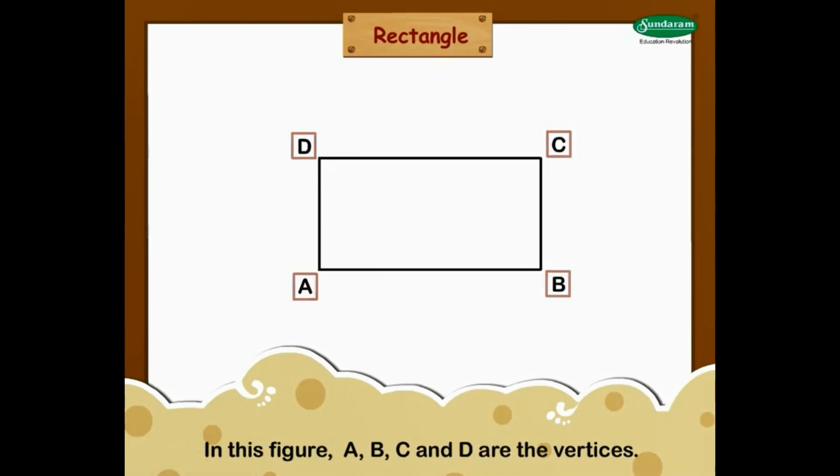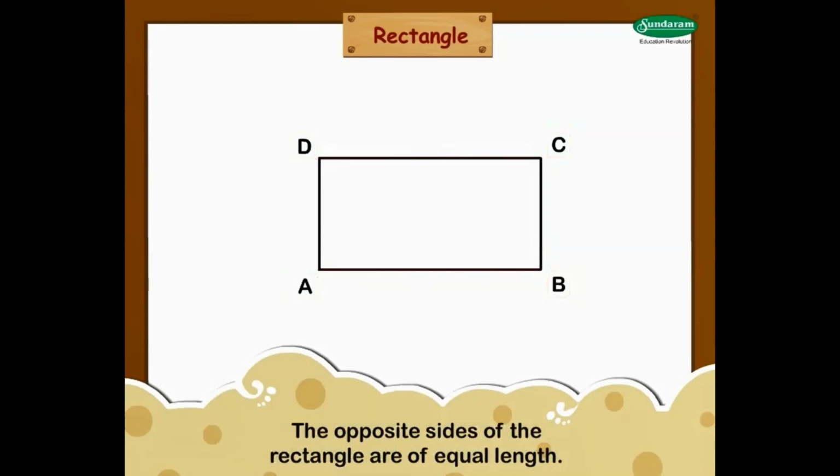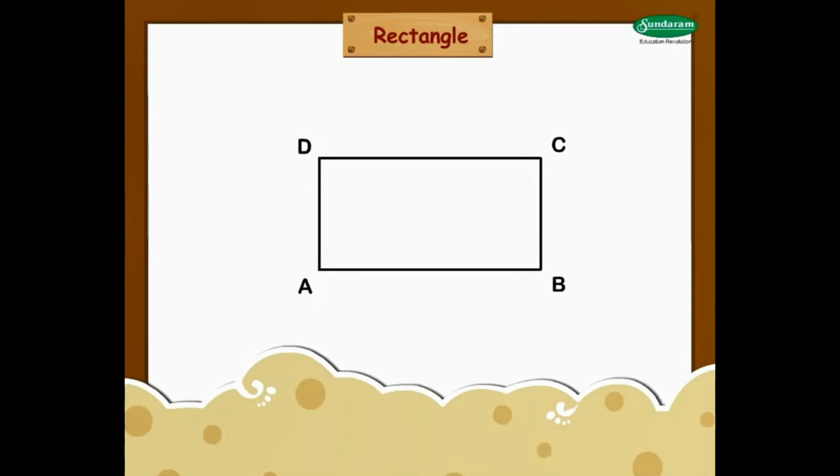Here, AB, BC, CD, AD are the sides of the rectangle. The opposite sides of the rectangle are of equal length. All the angles of a rectangle are right angles. A rectangle is also called a right angled figure, has 4 vertices.